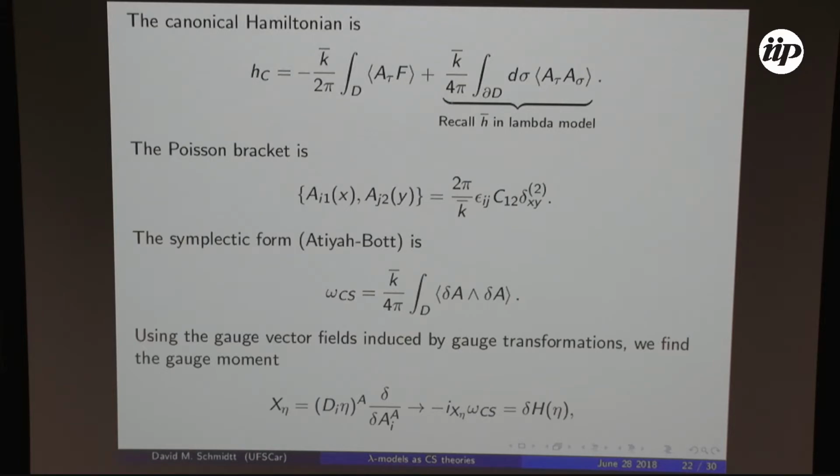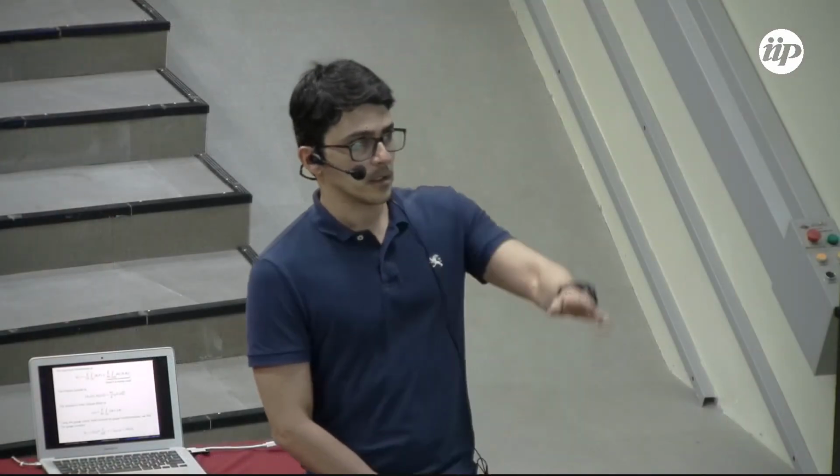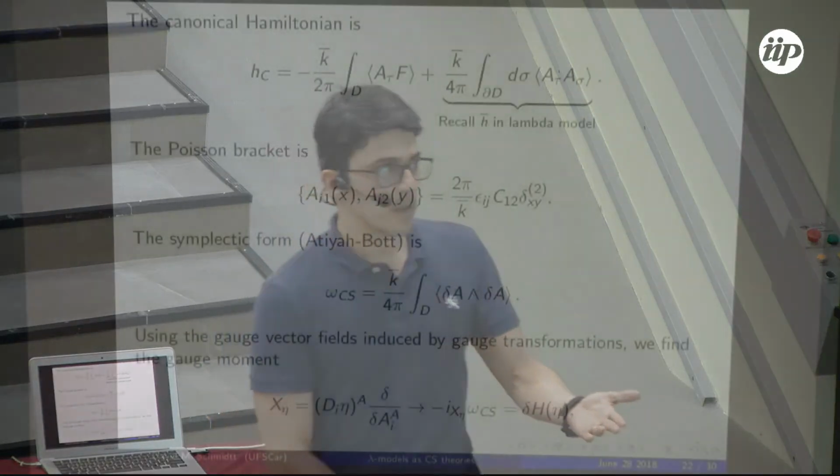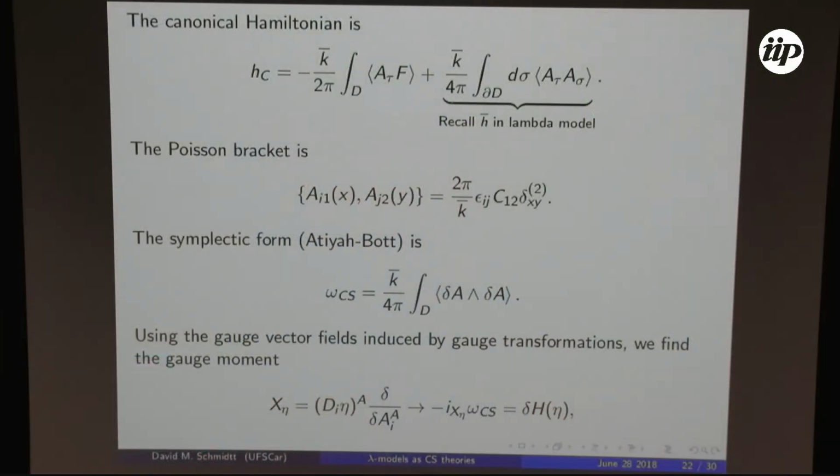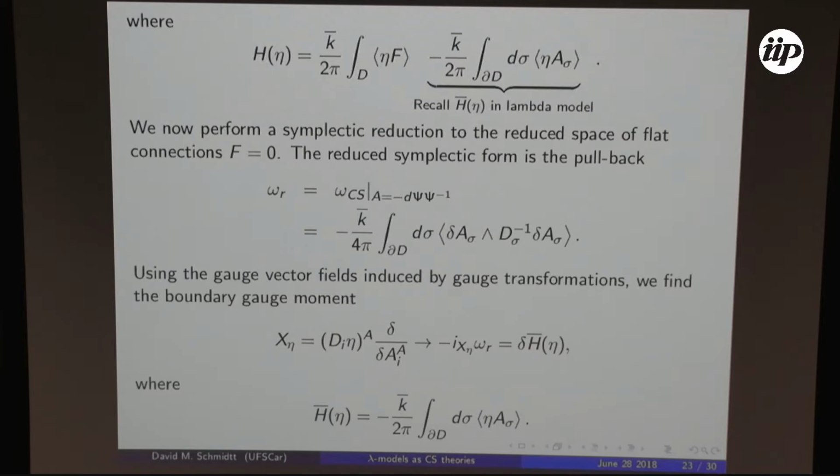So the symplectic form of this theory is well known, it is the Atiyah-Bott form. It is written with the supertrace, and the deltas are exterior derivatives on phase space. Using the vector fields induced by gauge transformations, I can find the gauge moment for this theory. It's this one. It takes exactly the same form as the Hamiltonian, but with the test function eta instead of a tau.